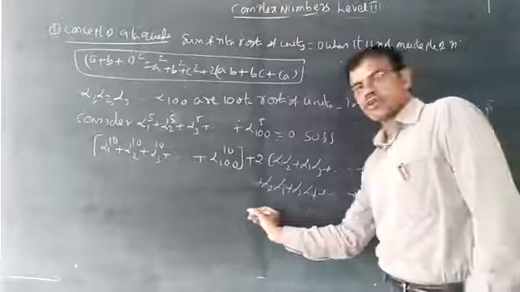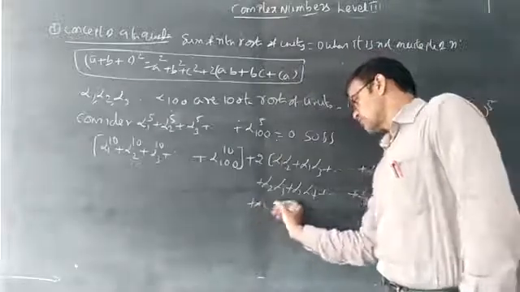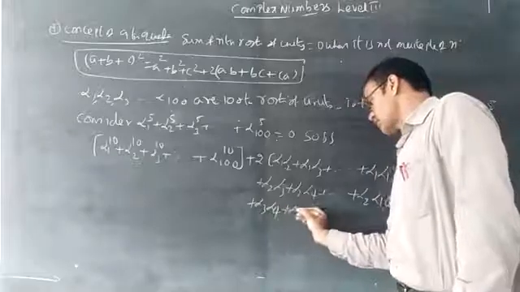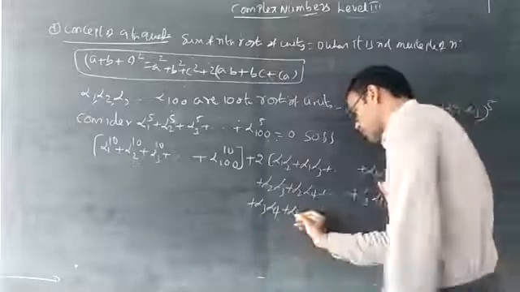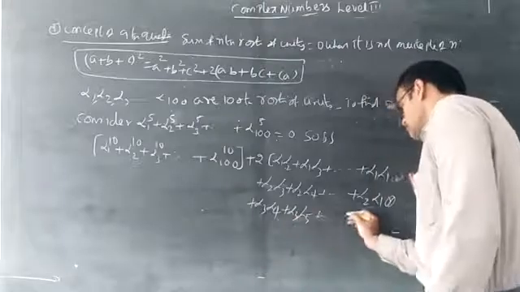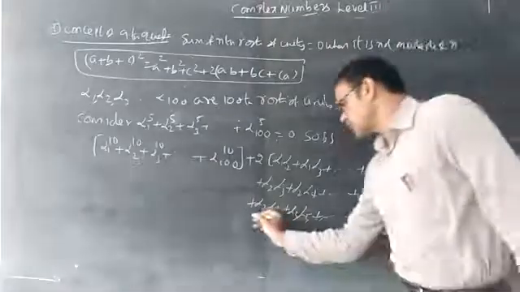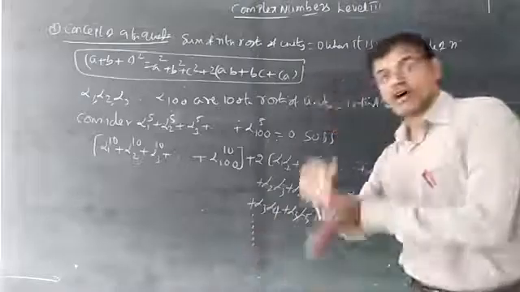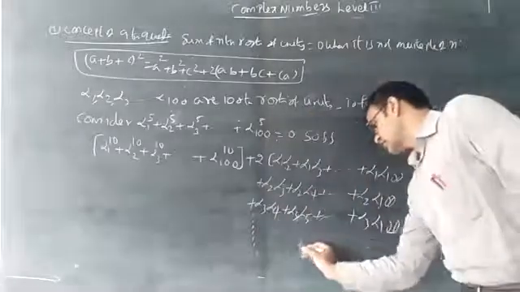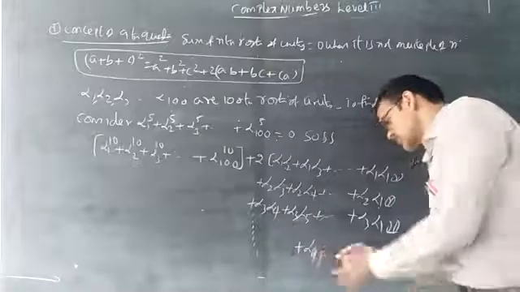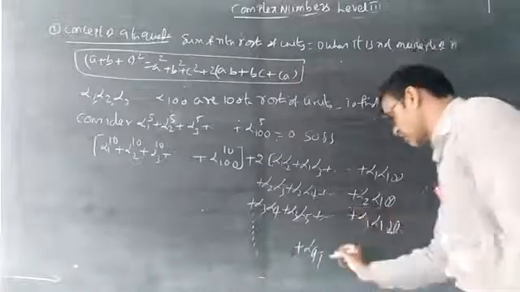Next plus alpha 3 alpha 4, alpha 3 alpha 5, and so on, plus alpha 3 alpha 100. In the similar way you can understand, until the last term alpha 99 alpha 100.